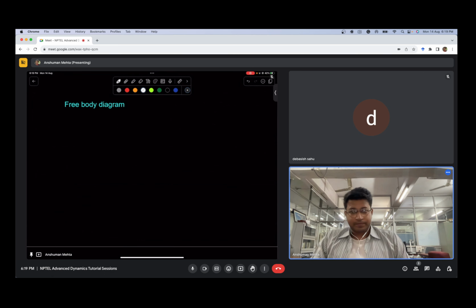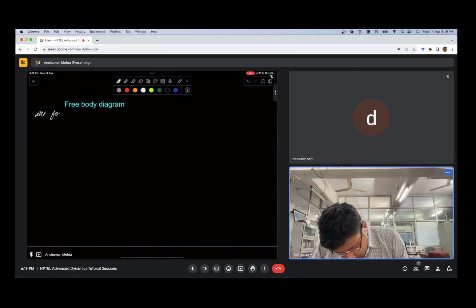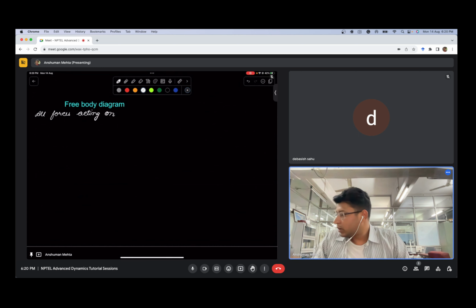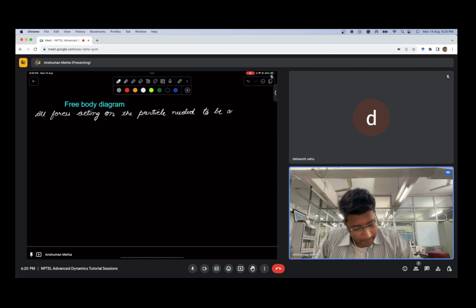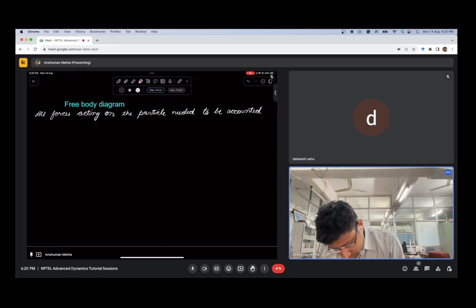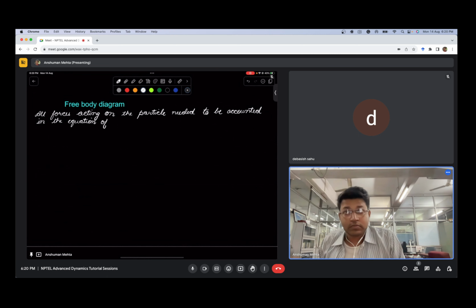Now coming to the free body diagram. All forces acting on the particle need to be counted in the equation of motion. What does this free body diagram do?